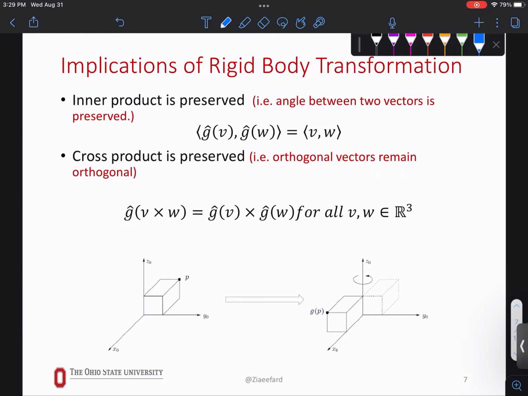We have ways to find out what this G is. Once we have that, we can find every single point of that box. Sometimes we move the reference frames with respect to each other. Sometimes we rotate the object in the reference frame. So if you imagine there was a body reference frame here, that reference frame is now rotated with respect to the original.